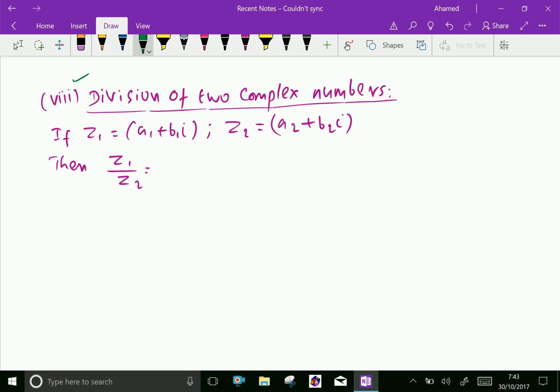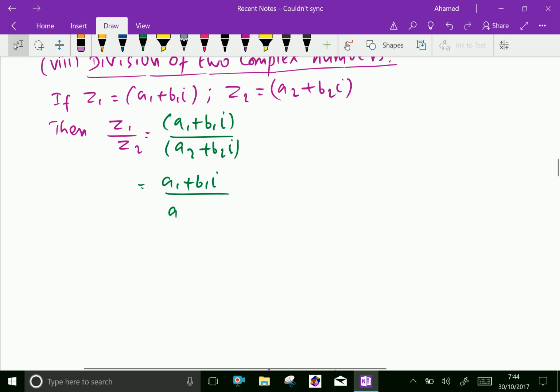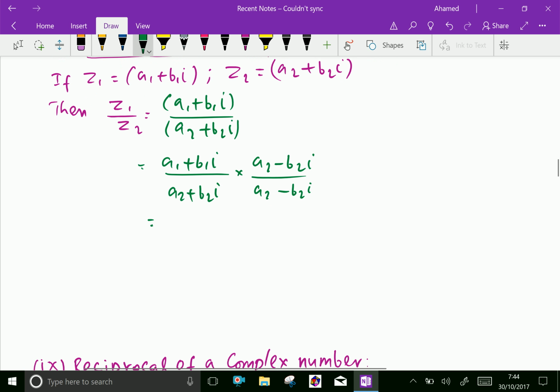Next one, division of two complex numbers. If z1 equals a1 plus b1i and z2 equals a2 plus b2i, then z1 over z2 equals a1 plus b1i over a2 plus b2i. We have to rationalize the denominator. Let us do that. a1 plus b1i over a2 plus b2i into a2 minus b2i over a2 minus b2i, which is further equal.